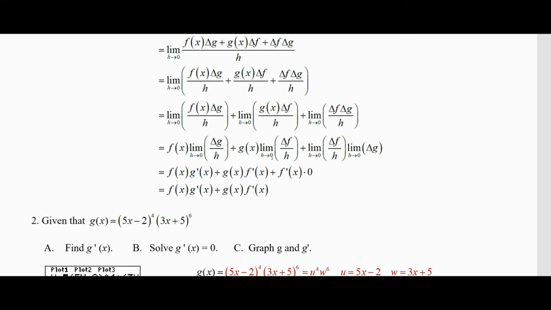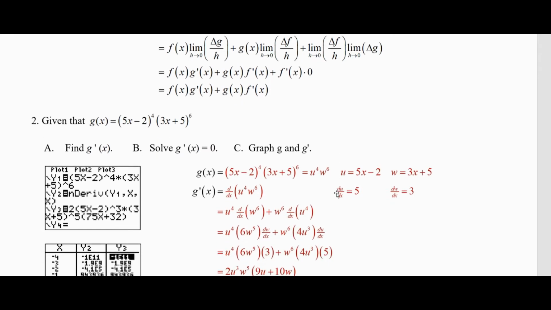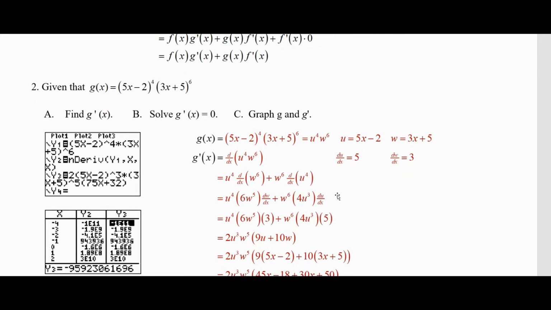Similarly, this one here is f prime of x. This is also f prime of x, but delta g goes to 0 as h goes to 0. So this last term goes away, and we're left with what we wanted, f of x times g prime of x plus g of x times f prime of x. We're going to use that sum in the next problem, actually.